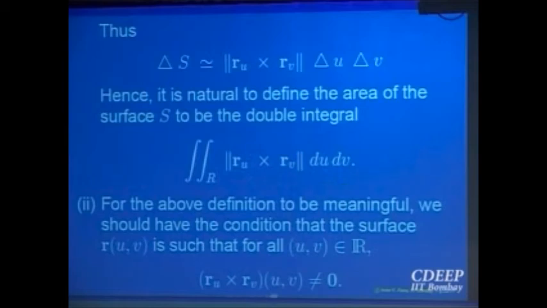Actually, we will say that at no point it should be equal to 0, because we want to normalize it also. At every point you want to define a unit normal. So at no point it should be equal to 0. Such surfaces are going to be called regular surfaces. So we will assume from now onwards that all our surfaces have the property that Ru cross Rv is nowhere 0 inside the domain where you are looking at the surface.